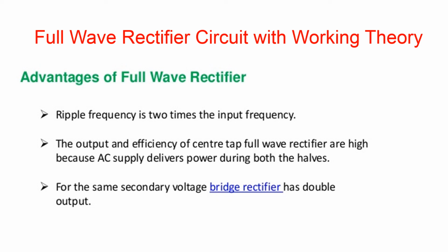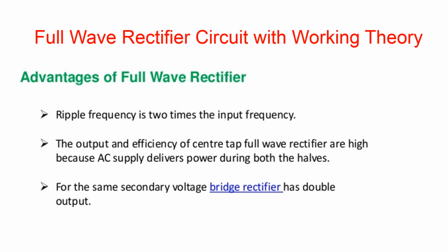And what is the reason for it? In this case, the AC supply delivers power during both the halves, because both the half cycles of the AC are being utilized. As a result, the output and the efficiency of a center tap full wave rectifier are higher.